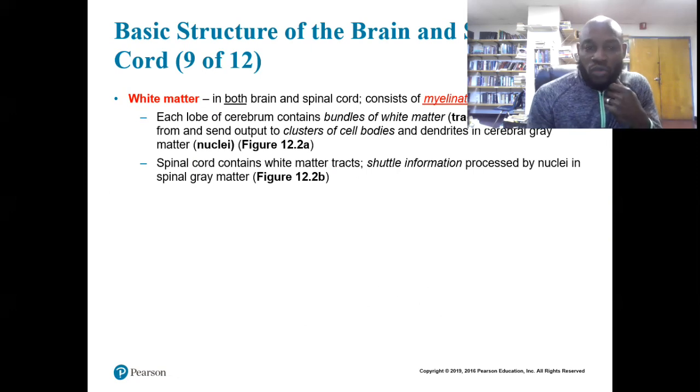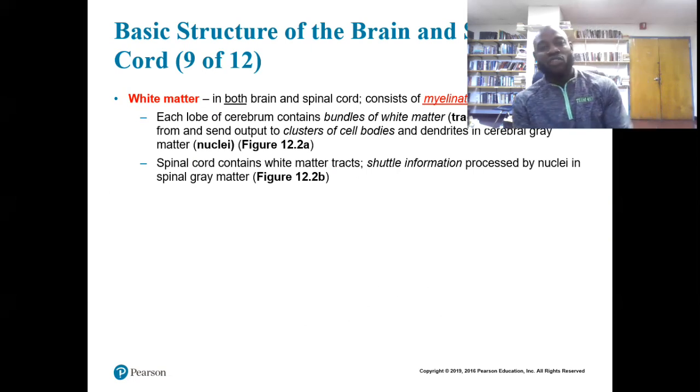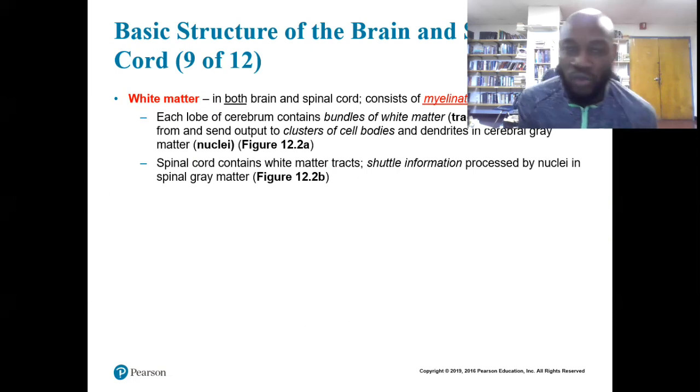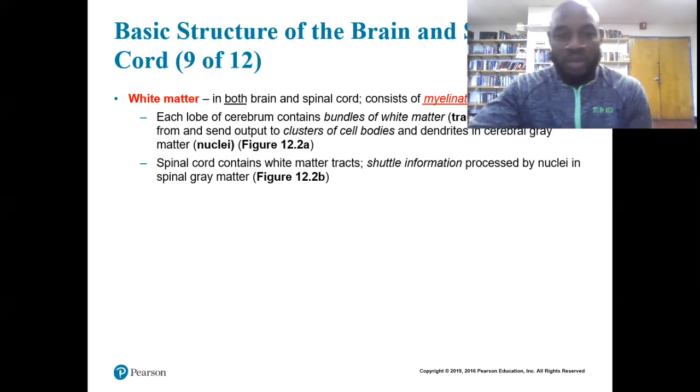So each lobe of the cerebrum contains bundles of white matter, which we call tracts, which receive input from and send output to clusters of cell bodies and dendrites in the cerebral gray matter, which are called nuclei. The spinal cord contains white matter tracts as well, which shuttle information processed by nuclei in the spinal gray matter, right?